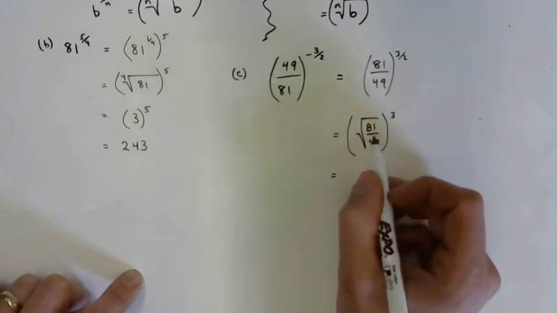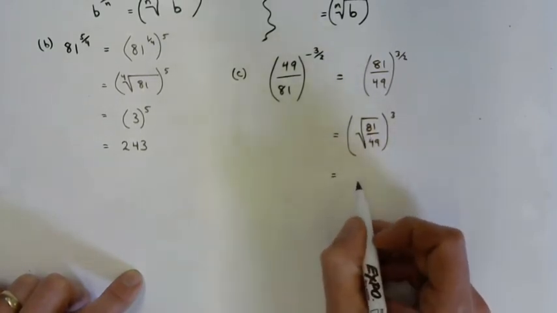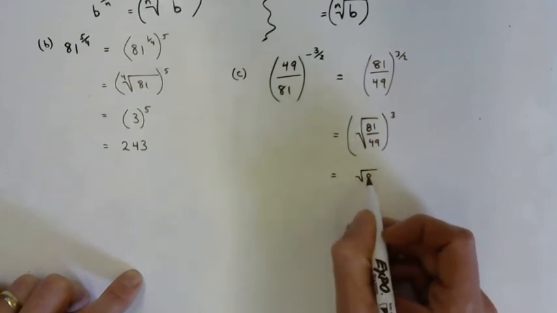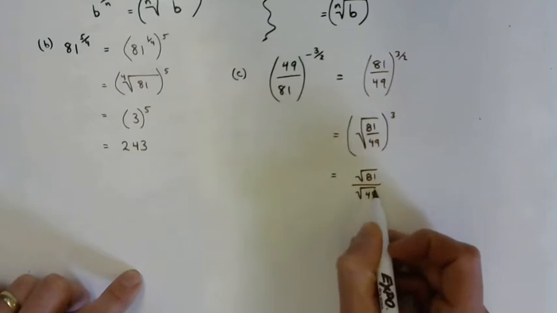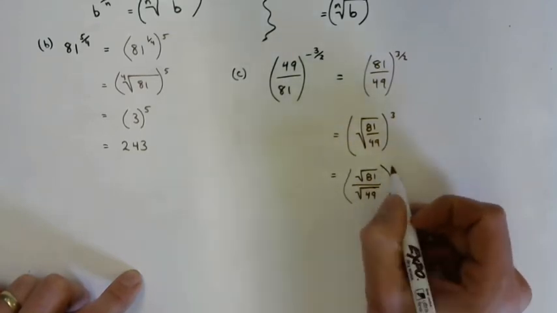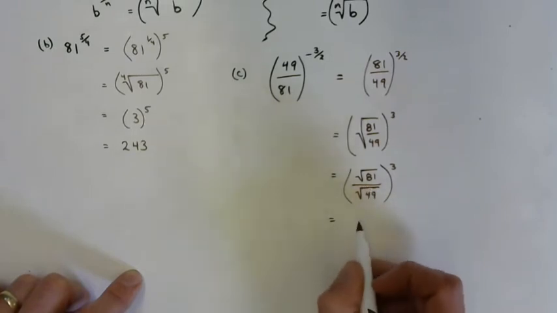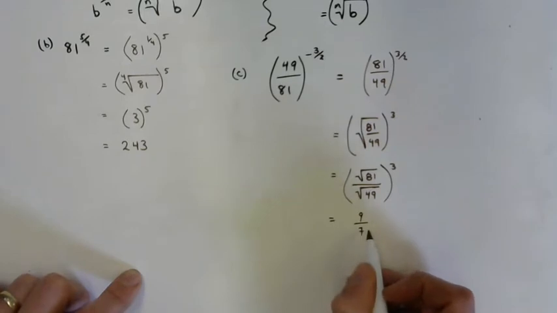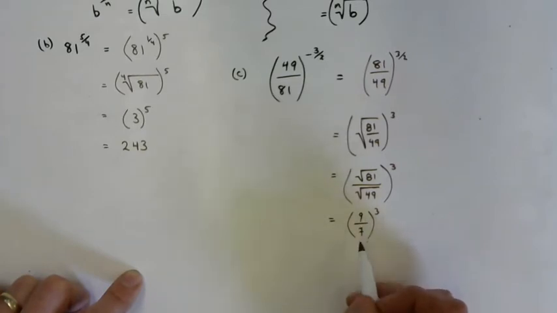The square root of 81 over 49 is the same as the square root of 81 over the square root of 49. I'll write that step. I won't always write that step, and you don't necessarily need to, but for the sake of an example, it's probably good. And now what do we have? The square root of 81 is 9, and the square root of 49 is 7. 9 over 7 cubed means 9 over 7 times 9 over 7 times 9 over 7.